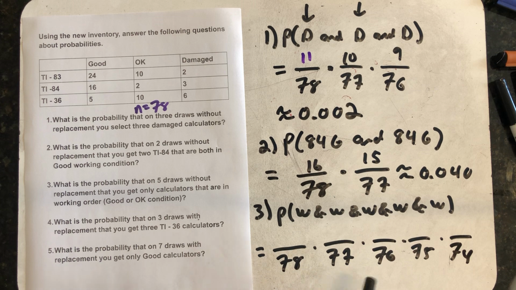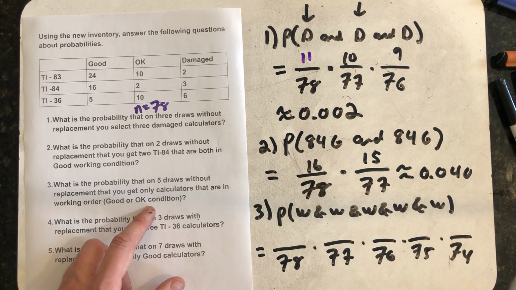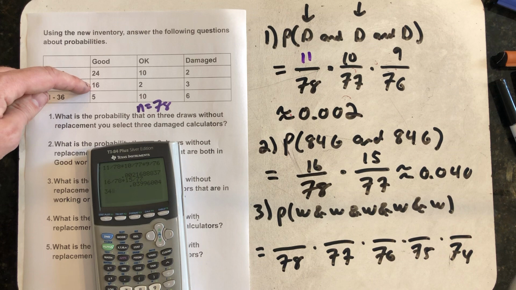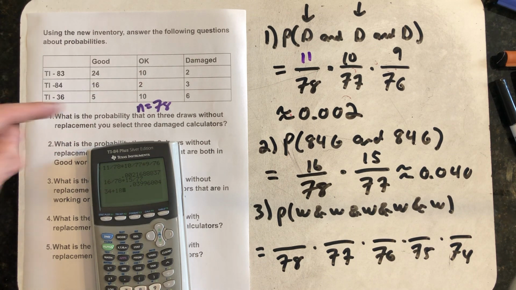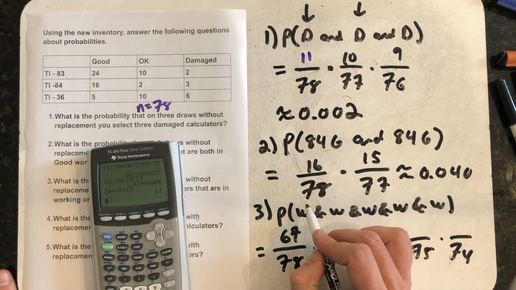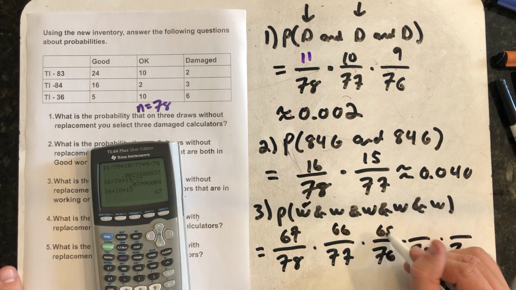So let's see, 1, 2, 3, 4, 5 draws. And on top, I need to know how many of the calculators are in either good or okay condition. So I need to add all these up. So let's see, they're 34 plus 18 plus 15. So to start, I had 67. But every time I assume I've already drawn one in that working condition. So these numbers go down by 1 as well.